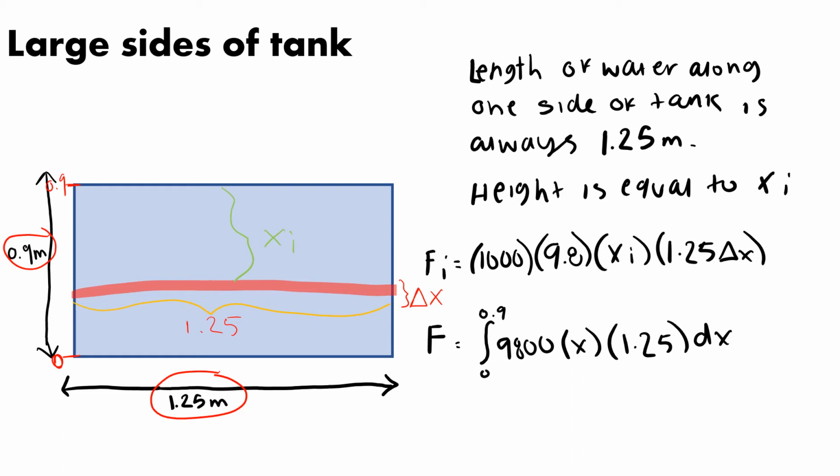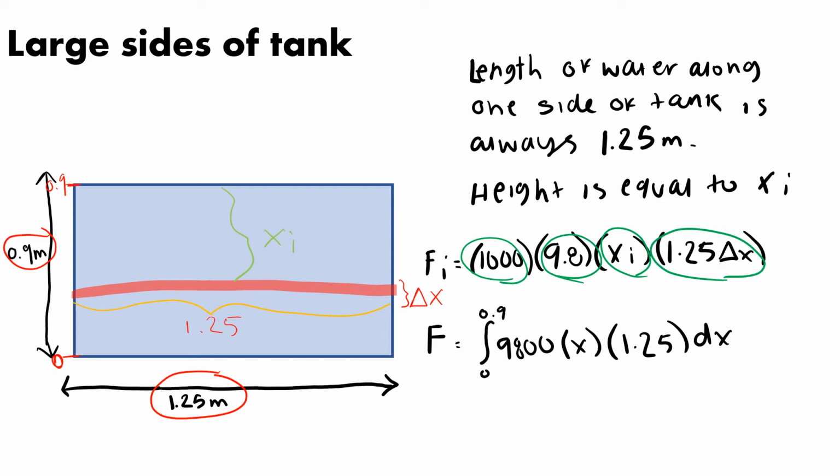To find the force of just one slice of water, we can use 1,000, which is the density of water, times 9.8, which is the acceleration of gravity, times x sub i, which is the depth of the water, times the area of the slice, which is 1.25 times delta x.